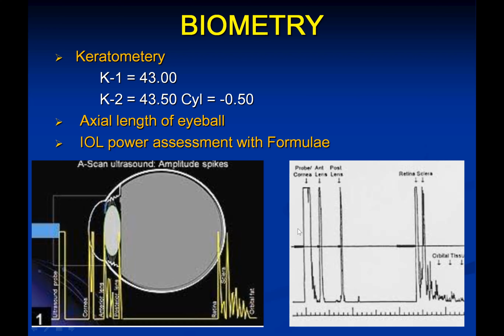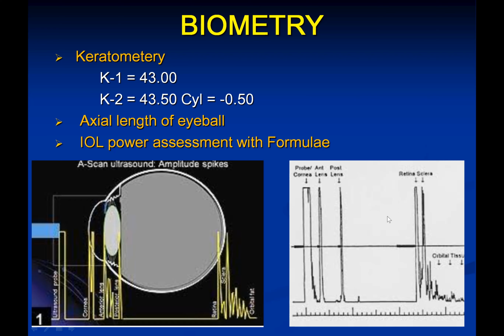The probe is placed on the lid, on the cornea. Here is the anterior surface of the cornea, the anterior surface of the lens, the posterior surface of the lens here, this echo, then clear vitreous, like clear anterior chamber, clear vitreous here, no echo, and then retinal echoes and scleral echoes. The distance from this to this scleral echo is taken.